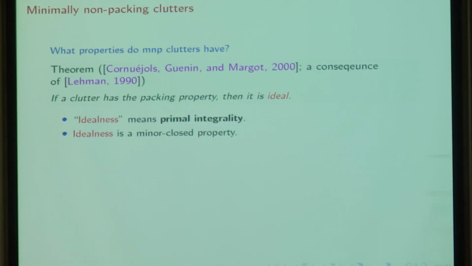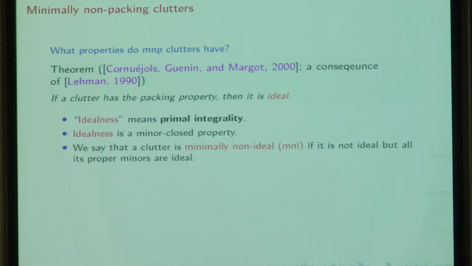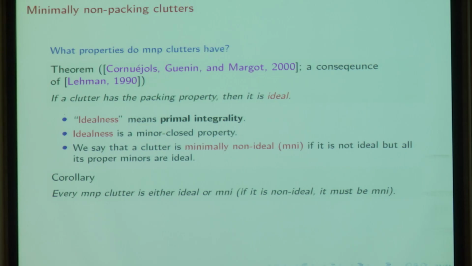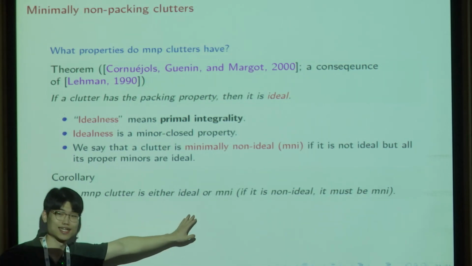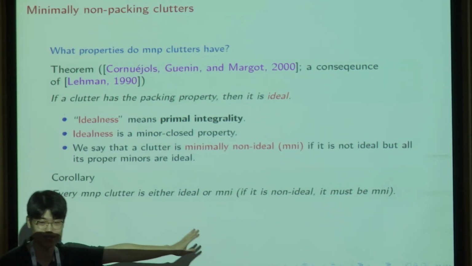Idealness is also a minor-closed property, meaning that if you have an ideal clutter, every proper minor of it is also ideal. A clutter is minimally non-ideal if it is non-ideal, but every proper minor of it is ideal. And you can prove that every minimally non-packing clutter is either ideal or minimally non-ideal.